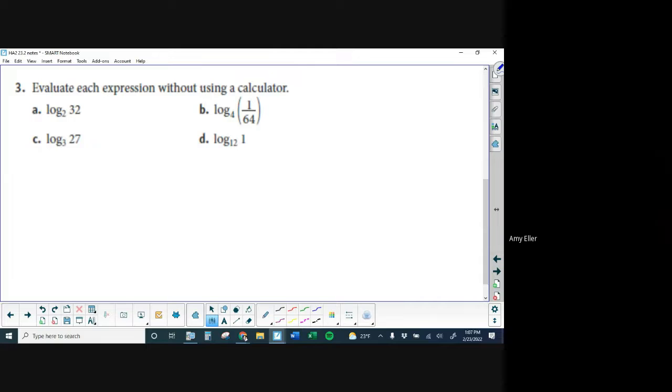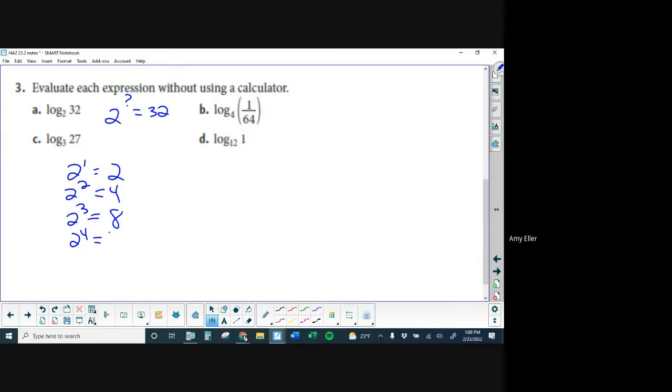I'll start with the first one, then I'll give you more time if you want. I am trying to figure out the exponent that I have to raise 2 to get 32. If I don't know and I don't have a calculator, I do this. Well, 2 to the first is 2. 2 to the second, 2 times 2 is 4. 2 times 2 times 2 is 8.